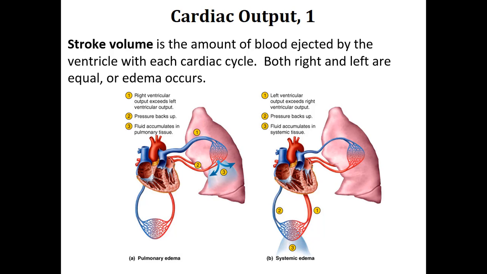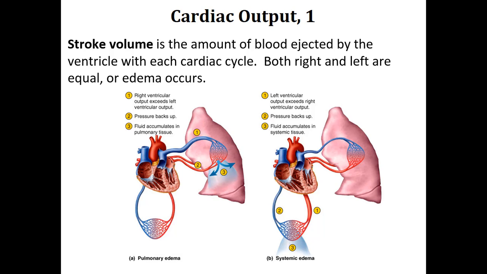Increase your heart rate, or you can cause your heart to contract more strongly, so you get more volume going through it. So you can increase stroke volume a little bit, but mainly, it's your heart rate.